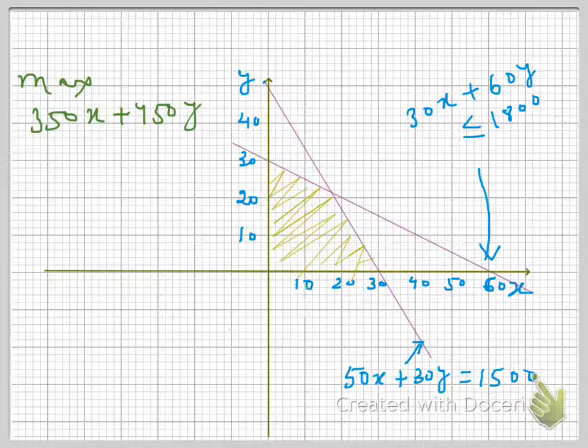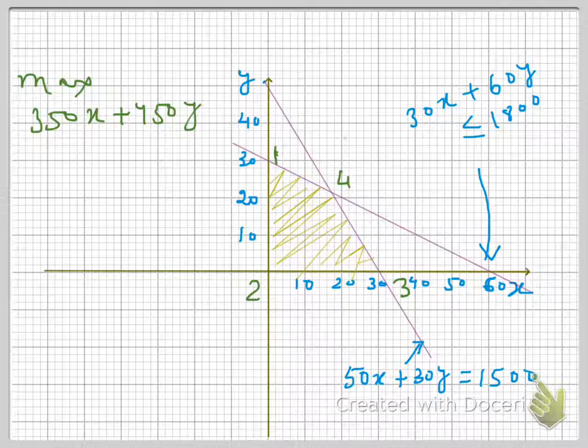It can be here, that is at the origin, or it can be at this point, or it can be at this point, which is another extreme point, or it can be here. We have these 4 extreme points. We can number them 1, 2, 3 and 4.